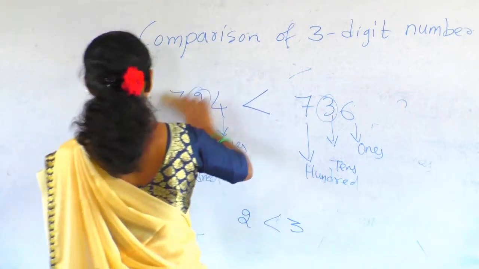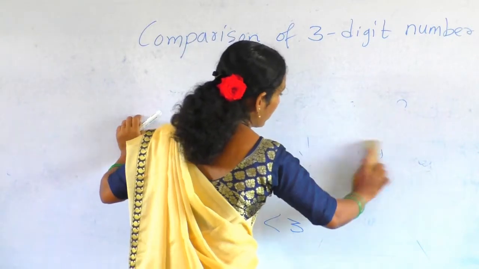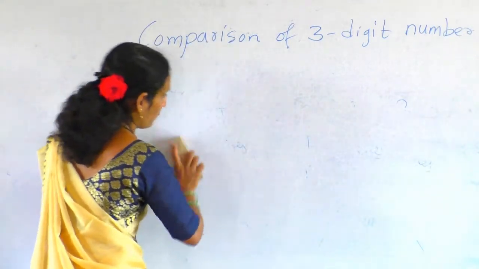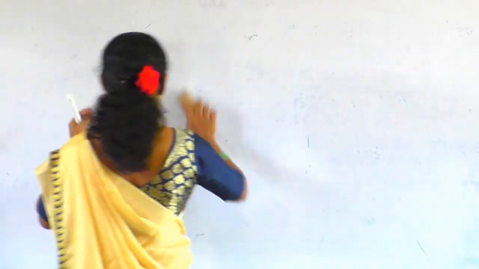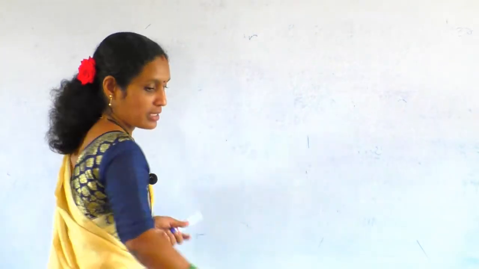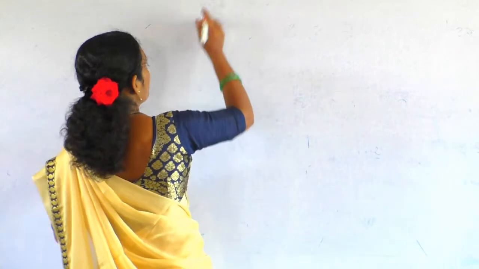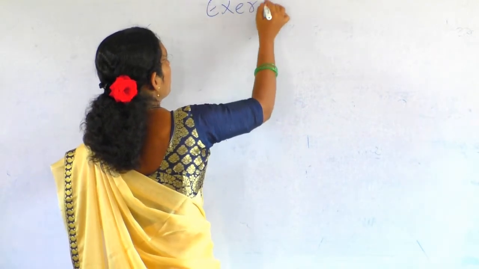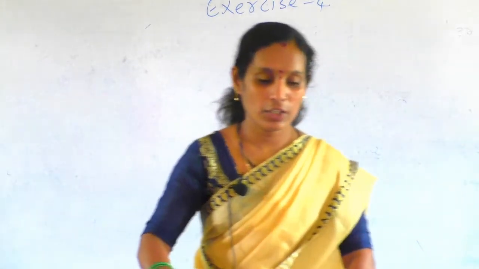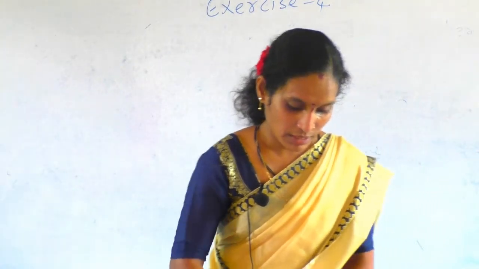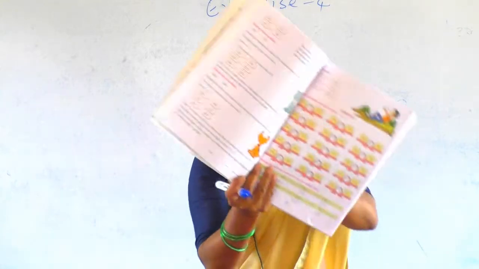Okay, now write exercise 4. See in your reader, they give fill in the blanks with the symbols.